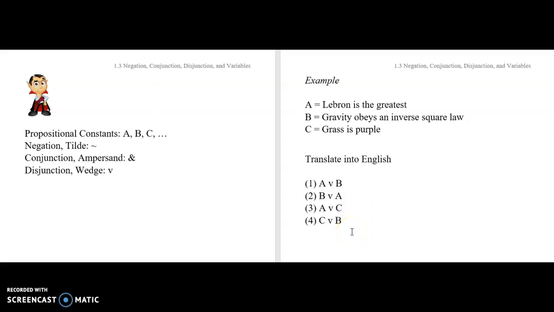One thing I like to do with students is sometimes give them an alternative way of translating things. For example, if you see A all by itself, you could think of that as saying A is true. Contrastively, you can translate the negation as saying A is false, okay? That's a really nice way of being able to think about things.